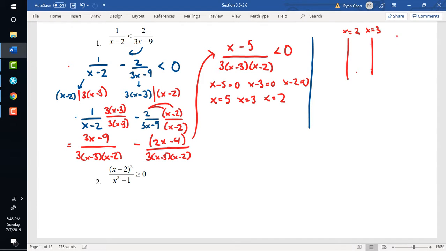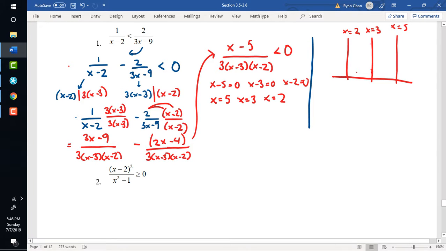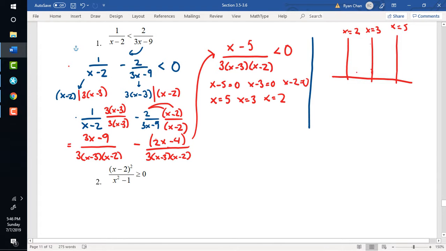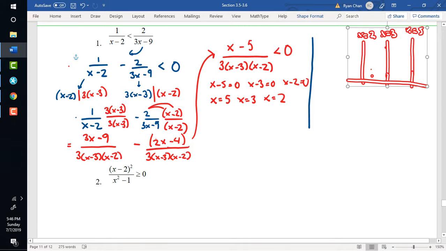And I have x is equal to 5. Okay. Let me move this. Here we go.